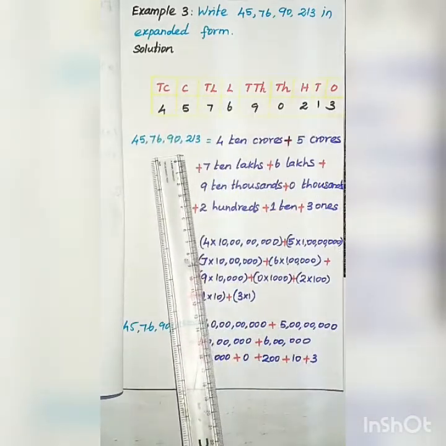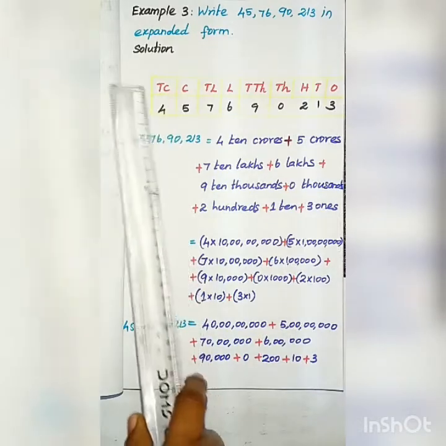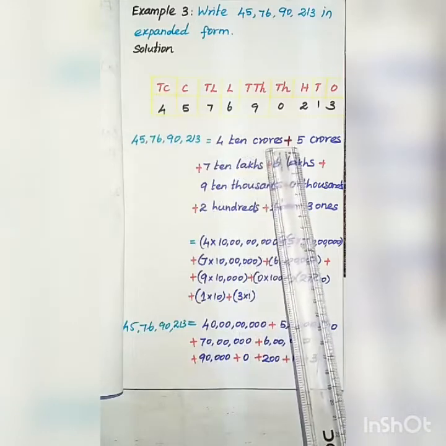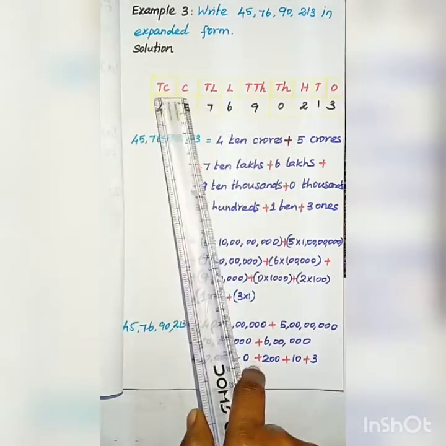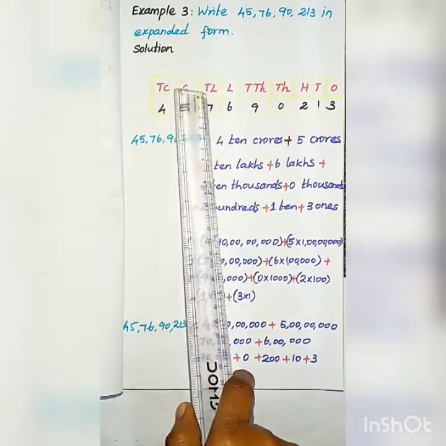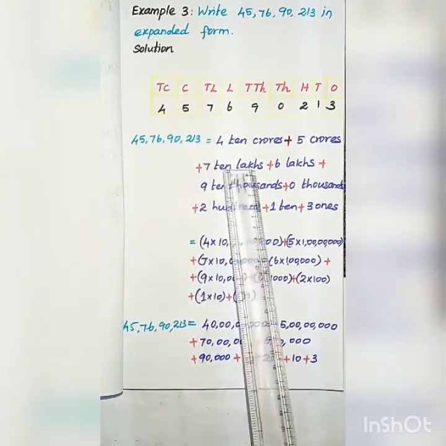Next, write the number. Find 4 in 10 crores. Then you write 4 ten crores plus 5 in crores, so 5 crores. Then 7 in 10 lakhs, so plus 7 ten lakhs.